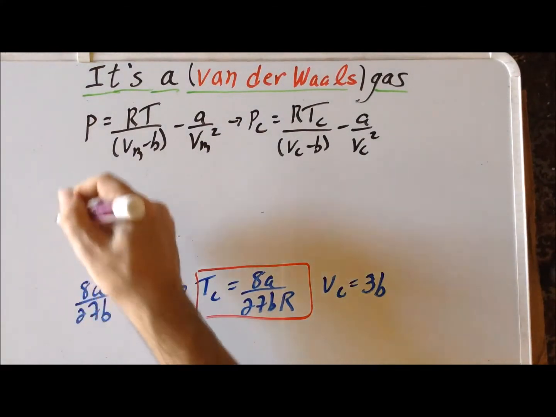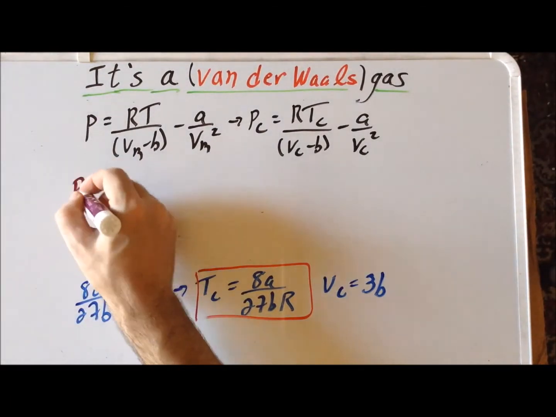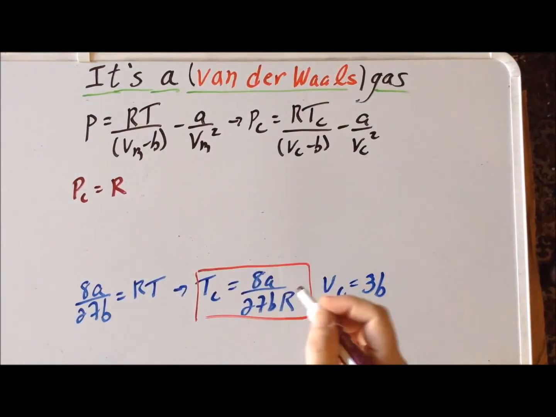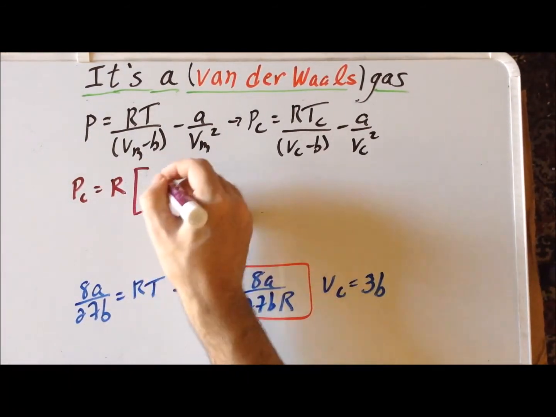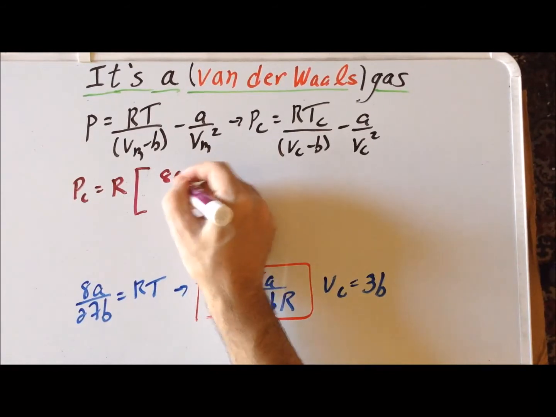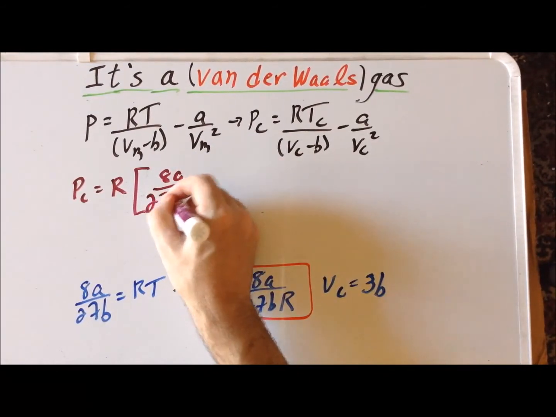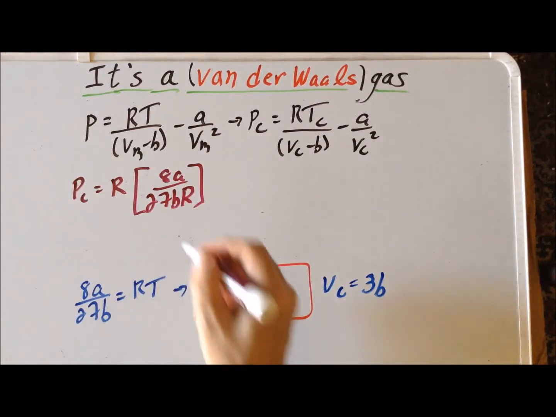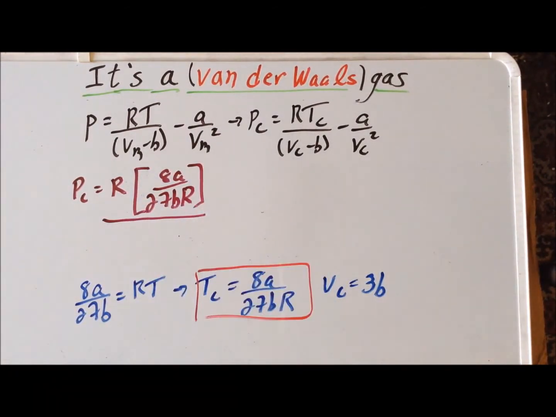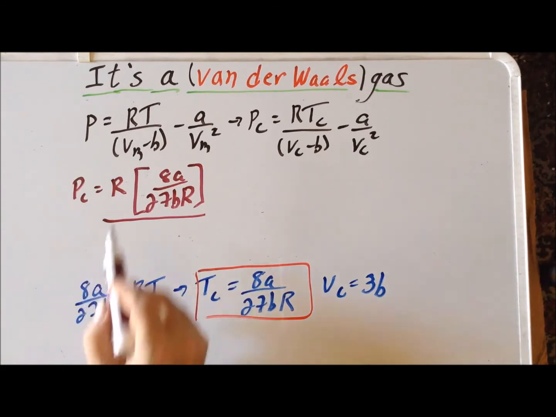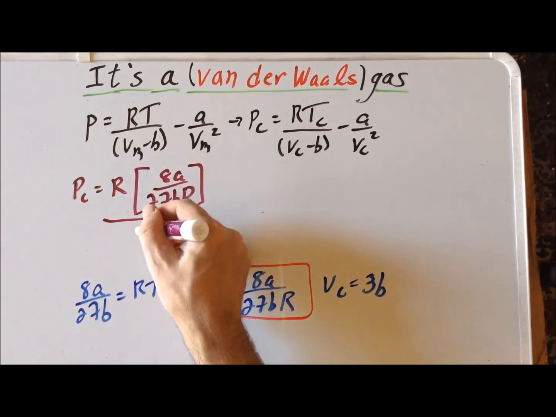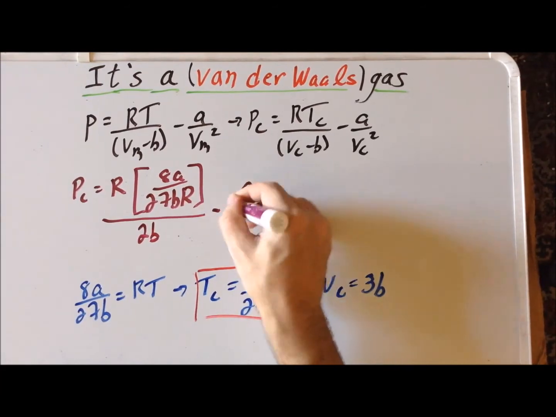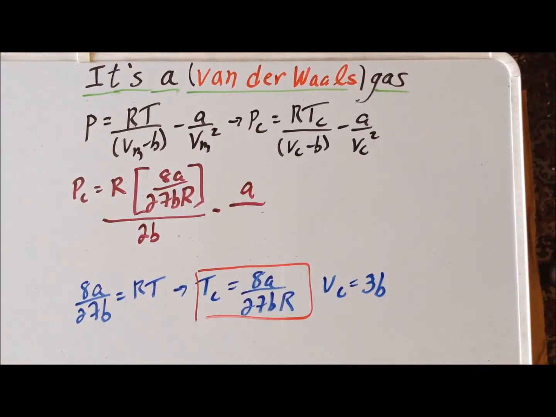We get that the critical pressure is equal to R times the critical temperature, which is 8a divided by 27bR, divided by the critical volume minus b, which is 3b minus b, so that just gives us 2b in the denominator, minus a divided by the critical volume squared.